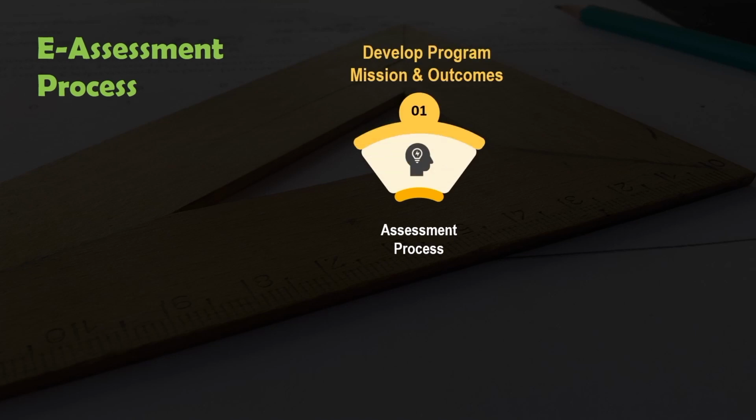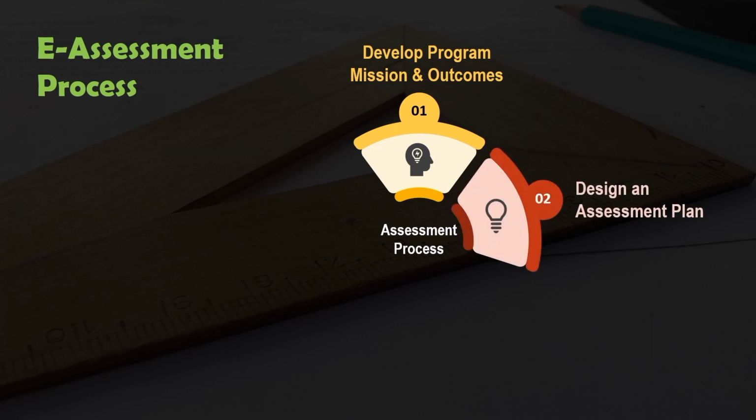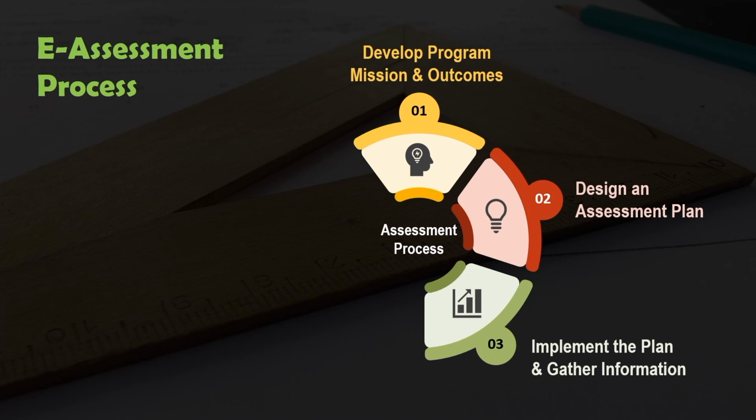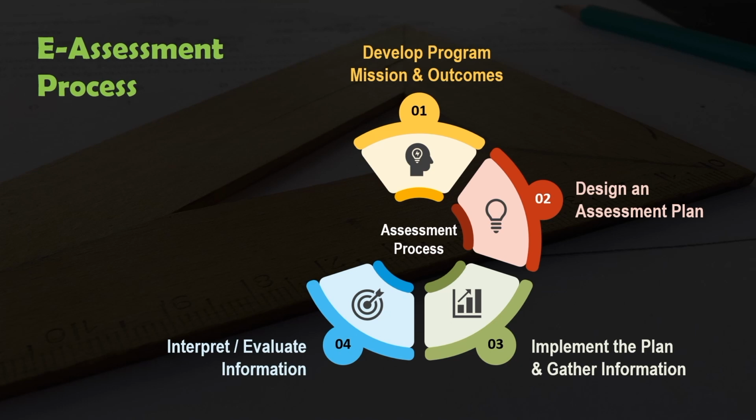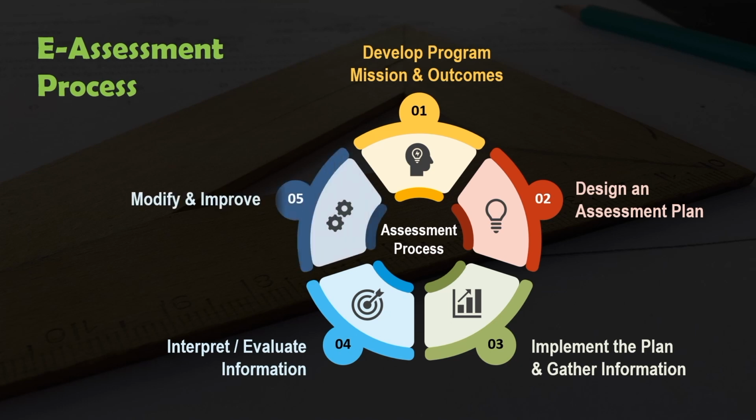Now, what is the assessment cycle? The assessment cycle includes, first you have to develop the program mission and the outcomes in the first phase, then design an assessment plan, then you should have an implementation plan and you should gather information, then interpret and evaluate the information, and finally you should modify and improve. So, in the first phase, while you develop the program mission and outcomes, you should ensure that your assessment plan is in par with the program mission and the outcomes, and your assessment plan should be implementable.